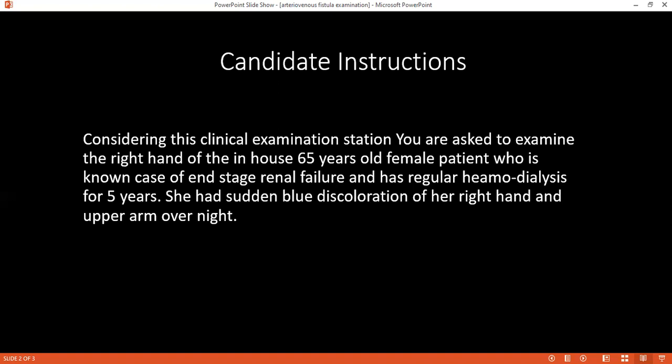Along with that, the thrill is increased, and the pulses are palpable. My main diagnosis for this is dialysis-associated Steal syndrome or ischemic Steal syndrome.